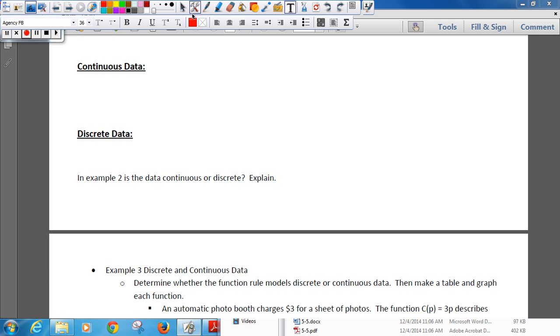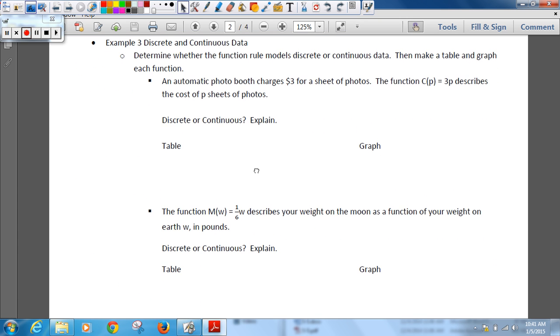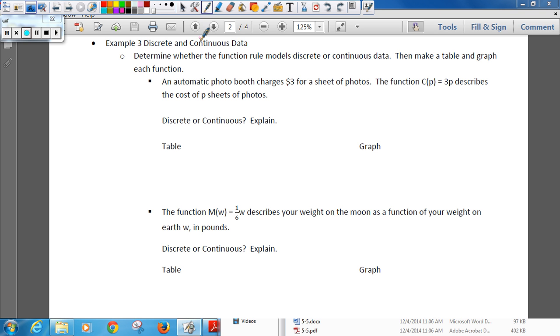Alright, now using that idea of continuous and discrete, we're going to look at a few more examples. Example 3 says, determine whether the function rule models discrete or continuous data, then make a table and graph each function. An automatic photo booth charges $3 for a sheet of photos. The function C of P equals 3P describes the cost of P sheets of photos. So we need to decide if this is discrete or continuous.